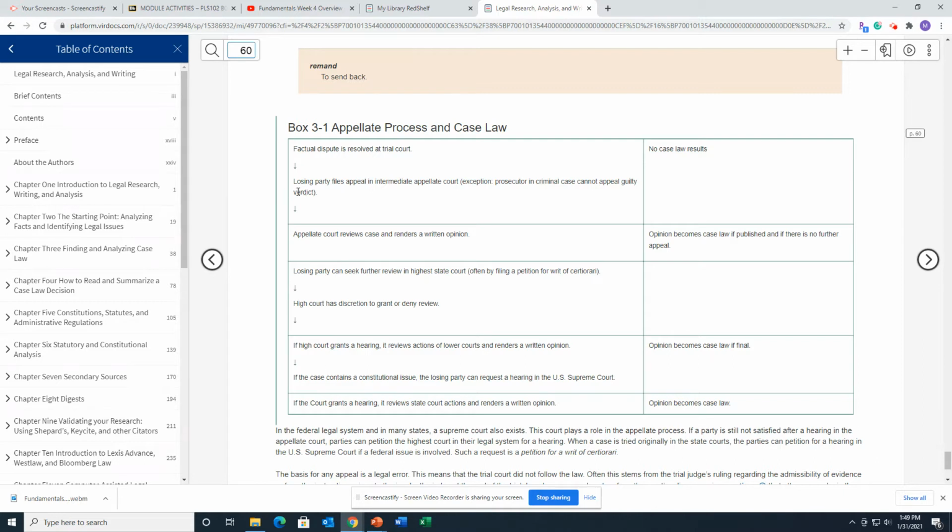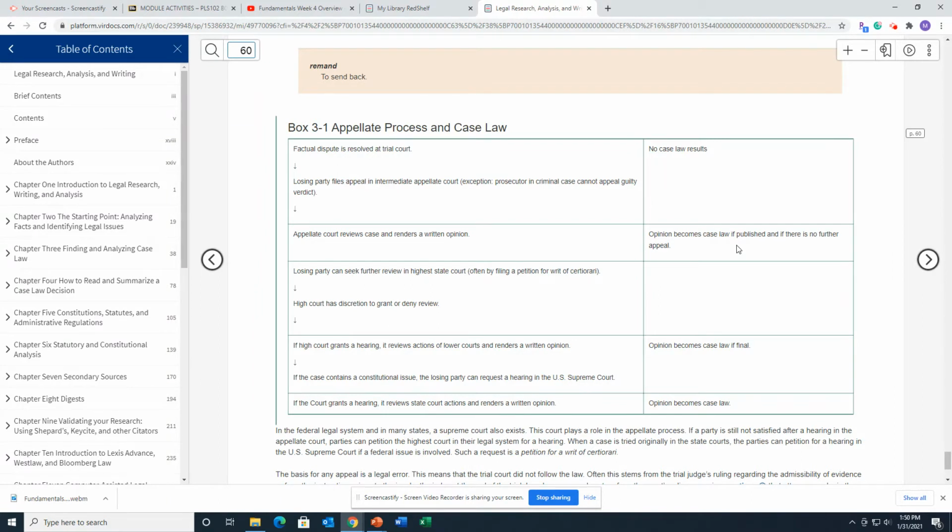So if someone appeals to an intermediate appellate court, then the appellate court will review the case and render an opinion, and then this opinion becomes case law only if it's published, right? Published is what gives the potential for precedent or mandatory authority. Then that is the case that you're reading. Now, the losing party there may seek review in the highest state court.